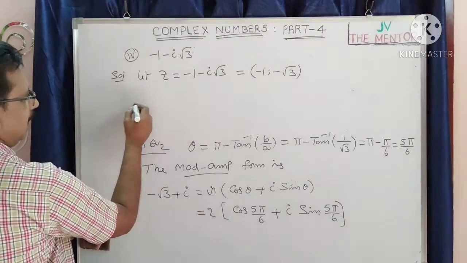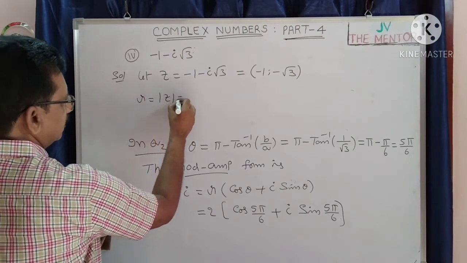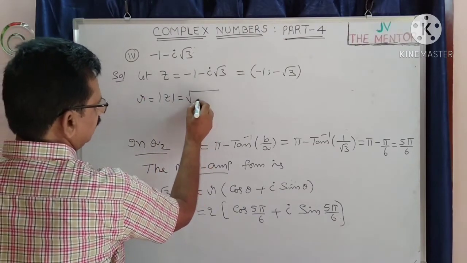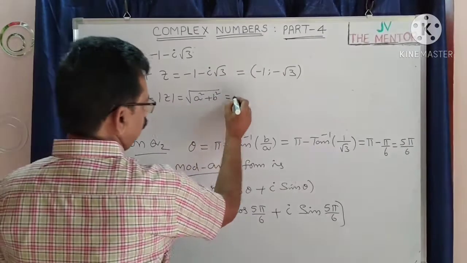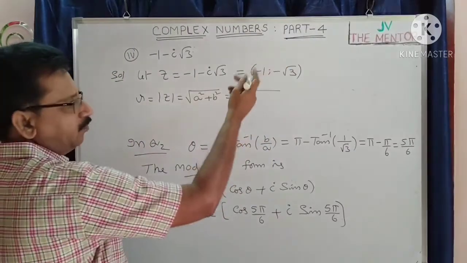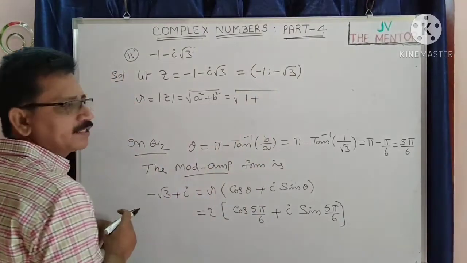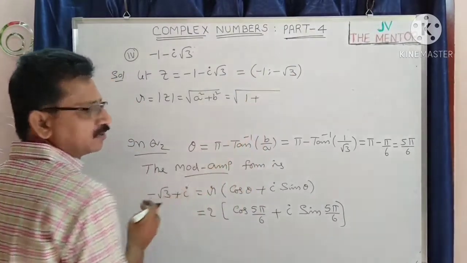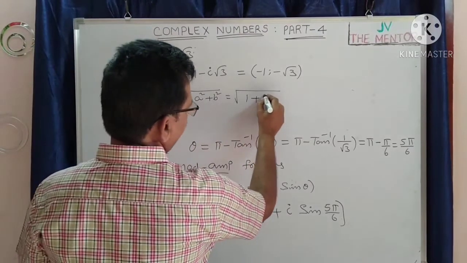Now R equal to mod z. What is mod z? Root of a square plus b square. Now root of a square, minus 1 whole square is 1, plus b square. Here b is minus root 3. Minus root 3 whole square is 3.